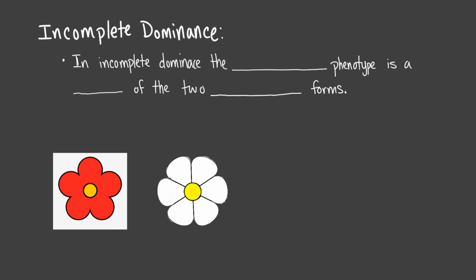And that brings us to our fourth and final type of gene expression, which is incomplete dominance. In incomplete dominance, the heterozygous phenotype, remember that means you have one of each type of allele, is a blend of the two homozygous forms.